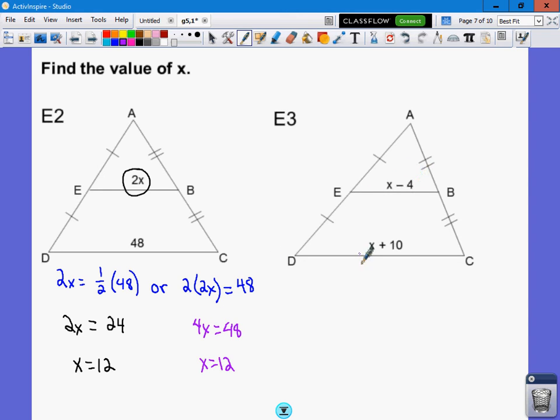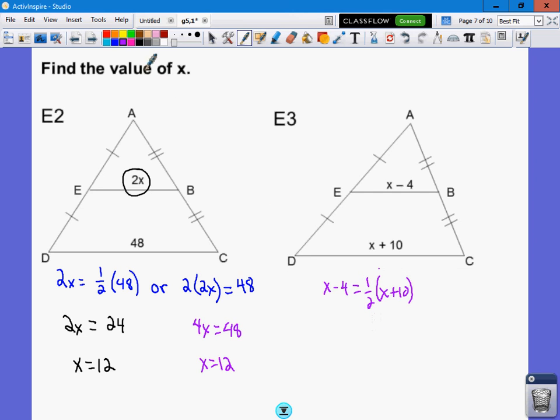In this particular problem, when they both have some kind of variable expression, I personally would not want to distribute a half. I could set it up this way. x minus 4 equals 1/2 times x plus 10. But I don't want to distribute what? The half.